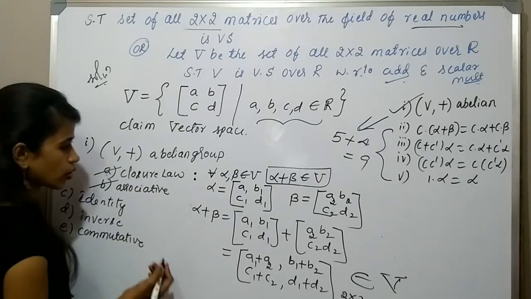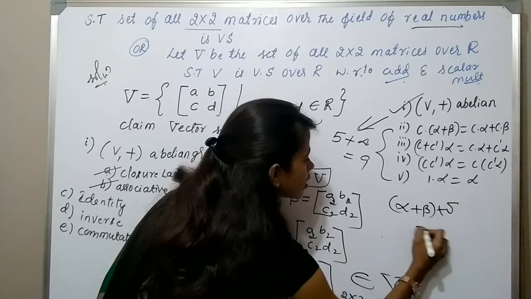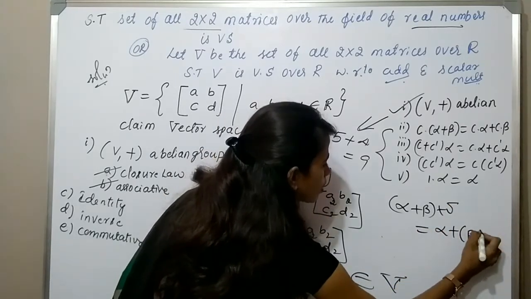Next, what about the associative law? We must show that (alpha plus beta) plus gamma is equal to alpha plus (beta plus gamma).